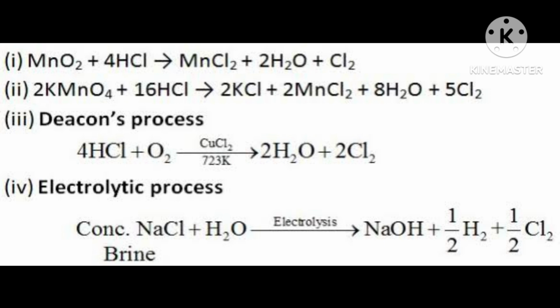Second method, by the action of HCl on potassium permanganate.